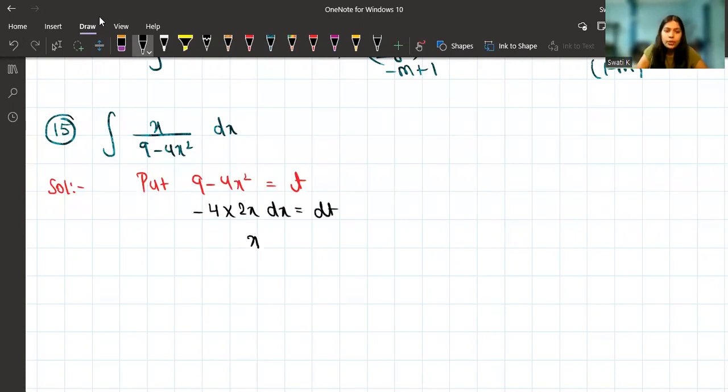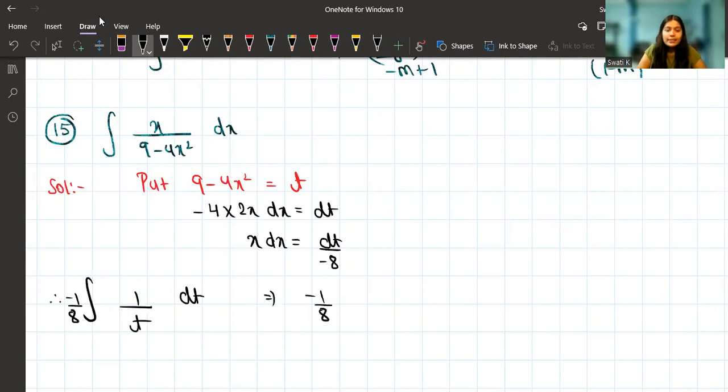Now I'm going to put here only x dx, and this minus 4 times 2, that is minus 8, I'm going to send to the other side. Therefore, I can rewrite x dx as dt upon minus 8, which is the same as minus 1 upon 8 dt, and this is simply 1 upon t. This is so simple now.